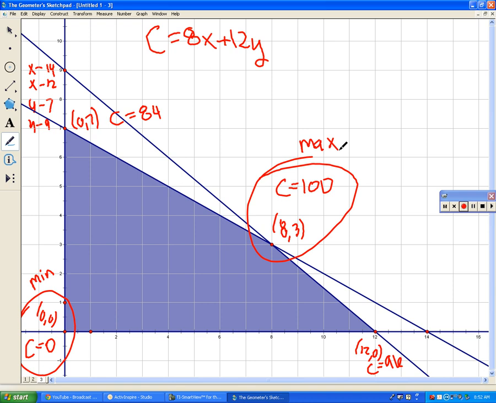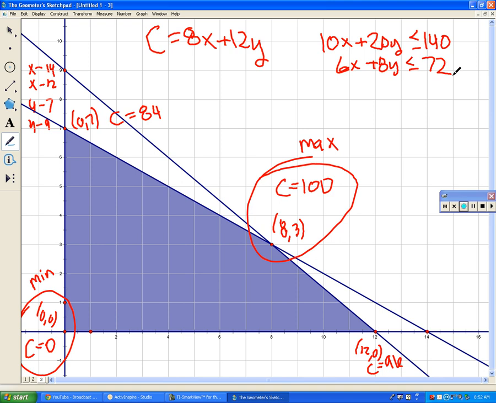How do you find that point, the 8, 3 one, if you don't have this sweet graph like I do? You take the two equations that were used to make that line, which in this case were 10x plus 20y is less than or equal to 140, and 6x plus 8y is less than or equal to 72, and you solve them.